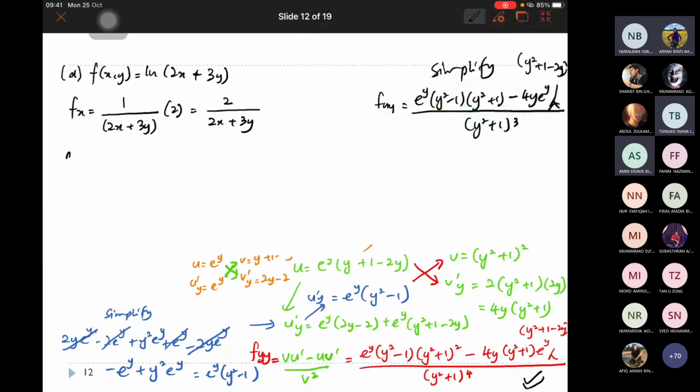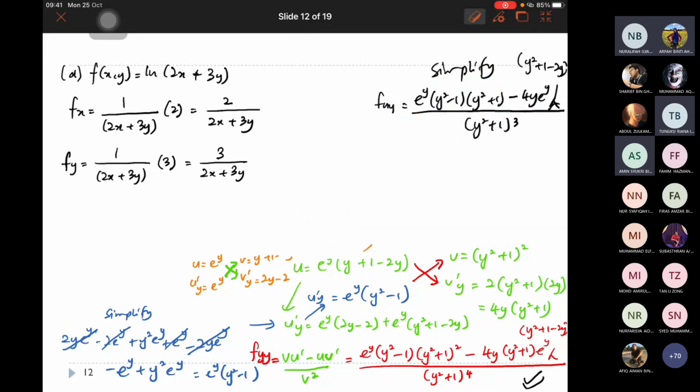And if you find partial derivative with respect to y, you are going to have the same thing, 1 per 2x tambah 3y. Y tu akan jadi 3. So 3 per 2x tambah 3y. So that is partial derivative with respect to x dan juga y.